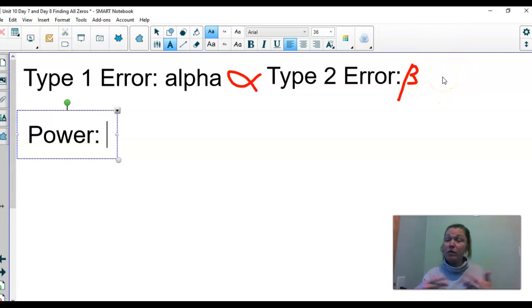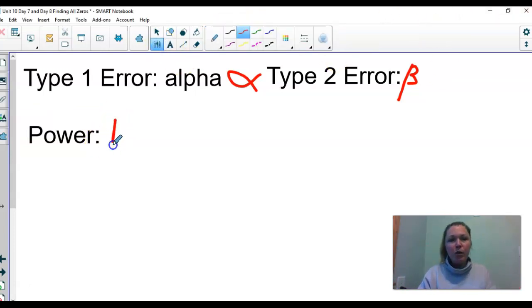They would give you the value. You will not have to compute beta, okay? Power, what is power? That is where we reject the null hypothesis, have evidence for HA, and we were right, okay? What are the chances of this happening? The chances of this happening is 1 minus beta. Hopefully I was a little bit clearer here.